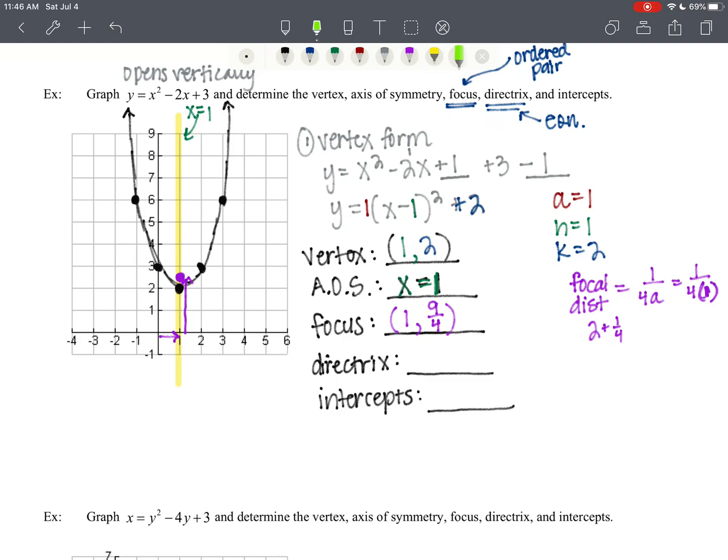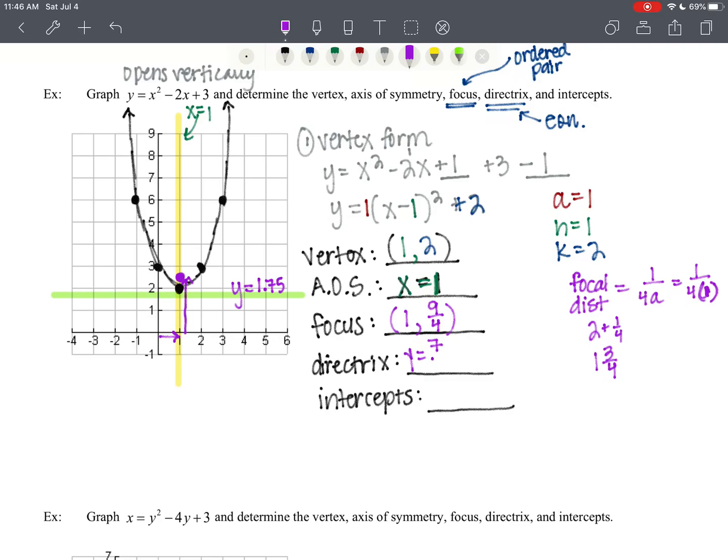Our directrix is going to be 1/4 of a unit below that vertex. So that's going to be a horizontal line, so it's y equals 1 3/4. 1 3/4 is, here's an example of a decimal, 1.75. 1 3/4 is the same thing as 7/4.